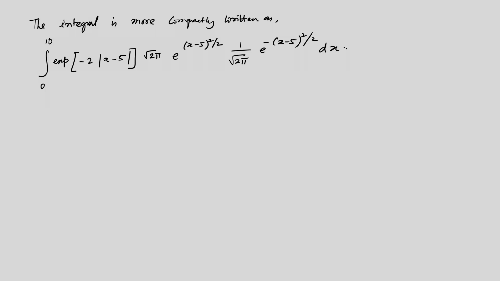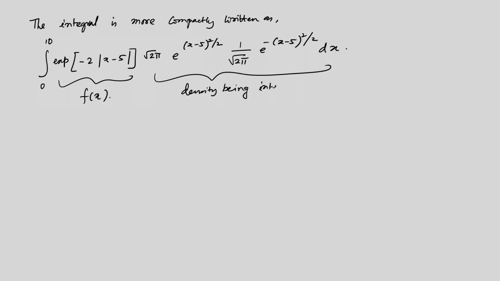So, this is the original f(x) and this is the density being integrated, the density corresponding to N(5, 1), the normal distribution.